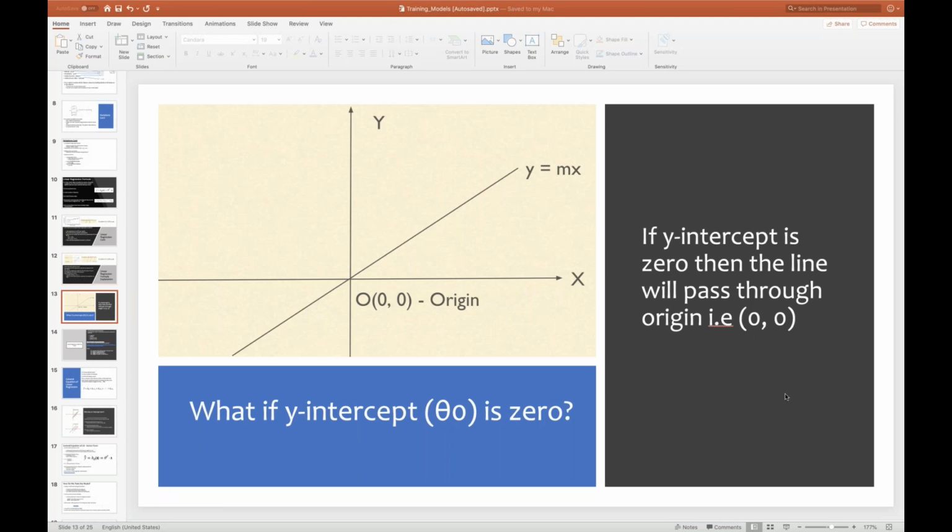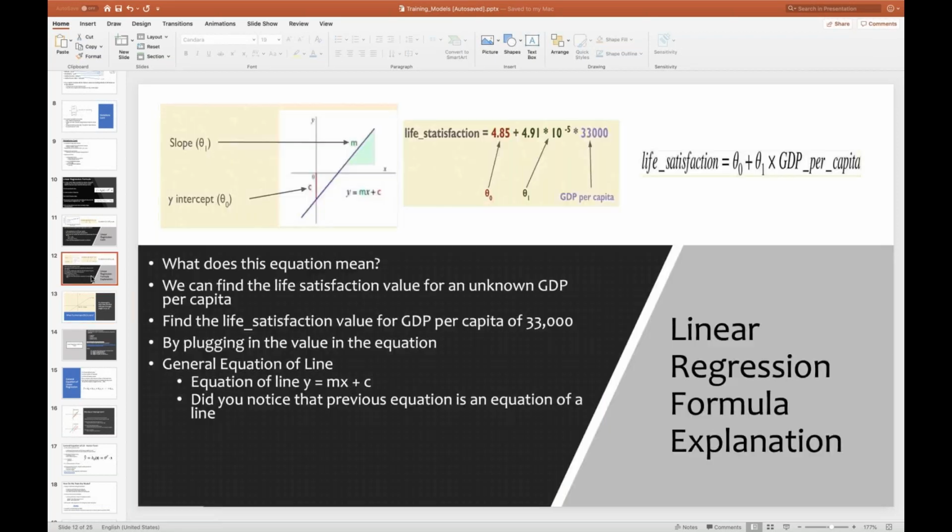Okay, so now what happens here is, yesterday we were talking about the intercept values. If you go back and recollect, we have done the life satisfaction use case. The formula is life satisfaction equals theta 0 plus theta 1 into GDP per capita.